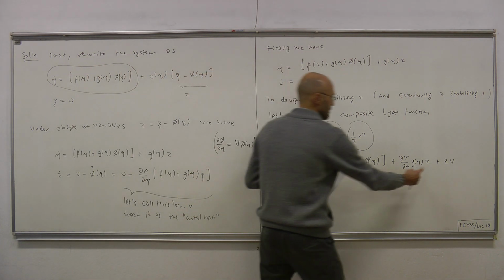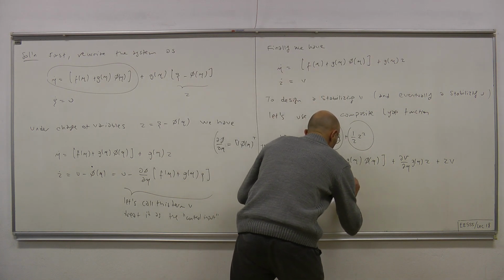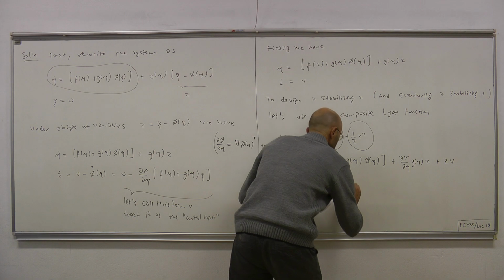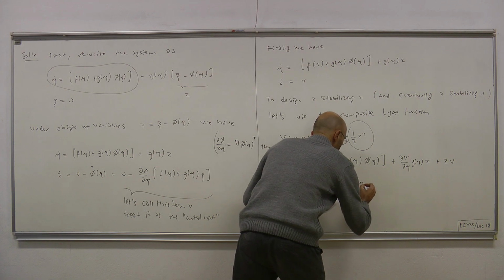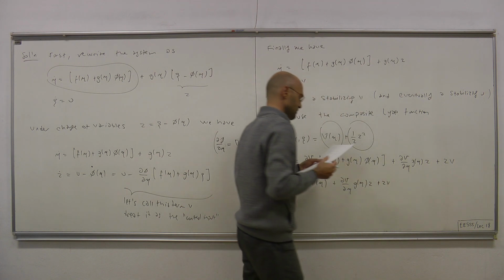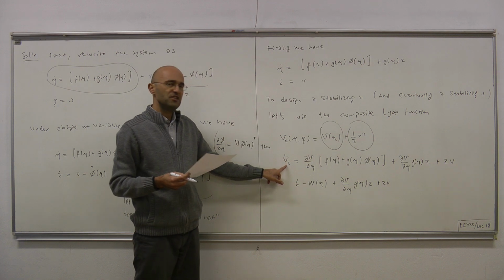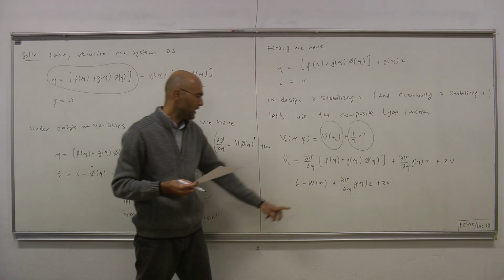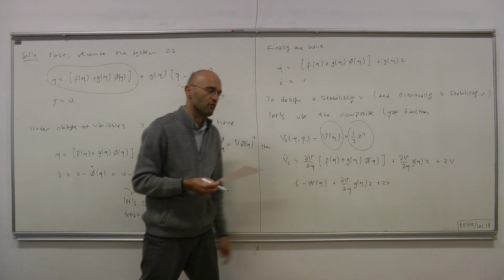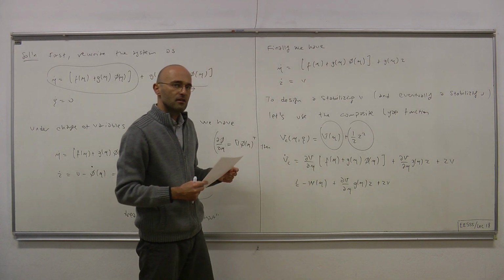Plus we have this term here, partial V, partial eta, g of eta z plus zv. Okay. Now what we want is, we want Vc dot to be negative definite. We already have a nice term here, negative definite in terms of eta. And here we have an indeterminate term.